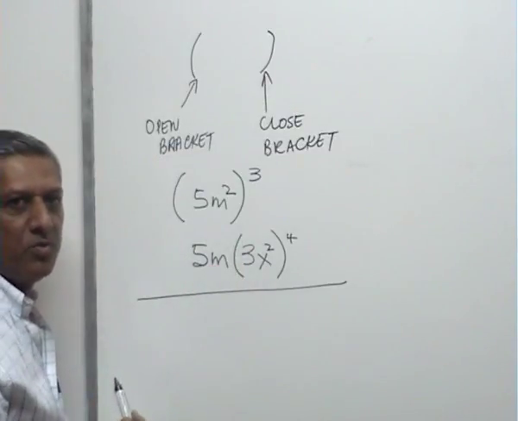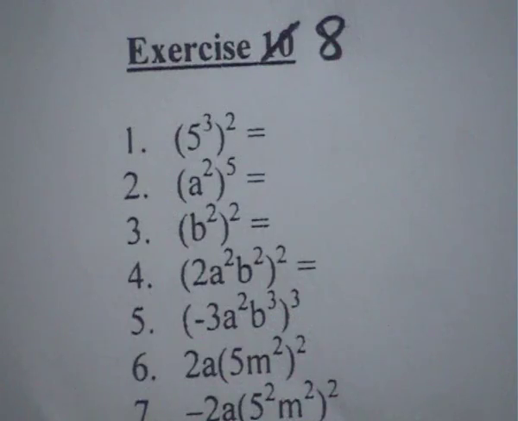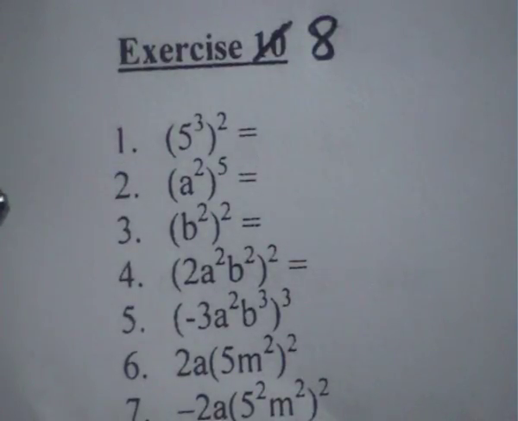Alright, so now we're going to move over to exercise 8. Exercise 8. Number 1, open bracket, 5 cubed, that means 5 to the 3, close bracket, all to the power 2. Number 2, open bracket, a squared, close bracket, to the power 5.